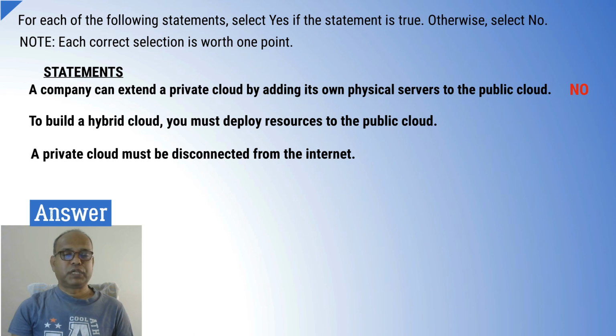In order to create a hybrid cloud, you must deploy resources to a public cloud. So this statement is true. In the last statement, it is not mandatory that a private cloud has to be disconnected from the internet. Private clouds can be, and most commonly are, connected to the internet. Therefore, this statement is false.